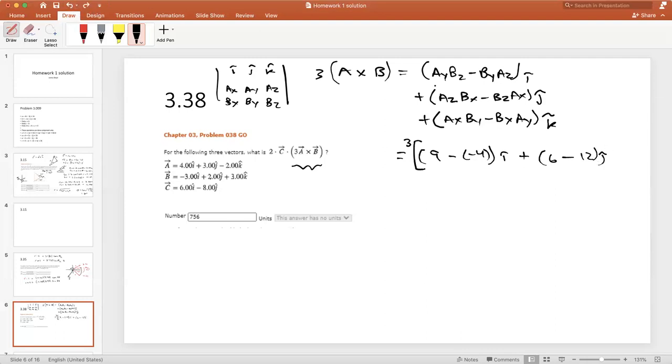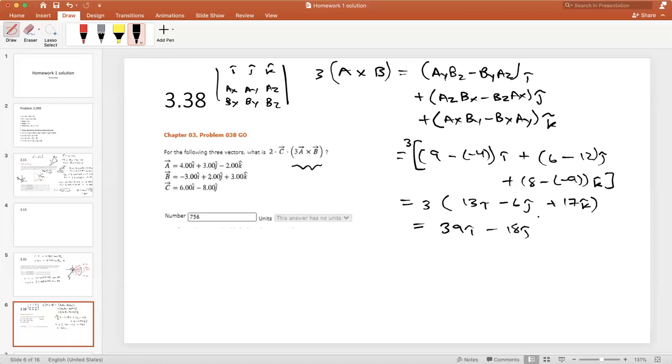And then finally, AX BY is 8 minus BX AY, which is minus a minus 9, and that's in the K hat direction. And I'm going to multiply that by 3. So 3 times 13 I hat minus 6 J hat plus 17 K hat. And what this ends up being is 39 in the I hat minus 18 in the J hat plus 51 in the K hat.